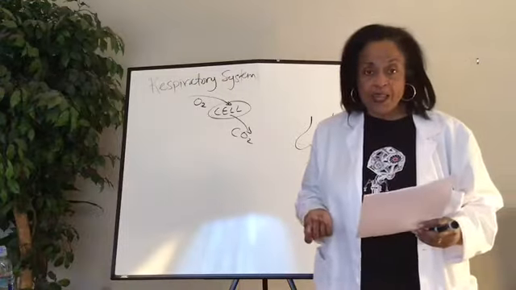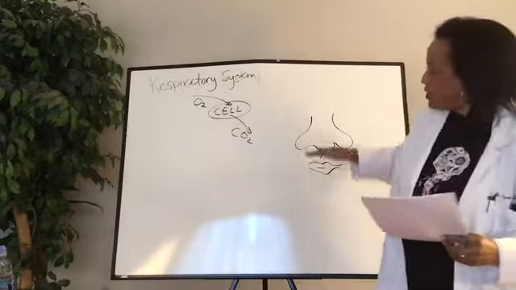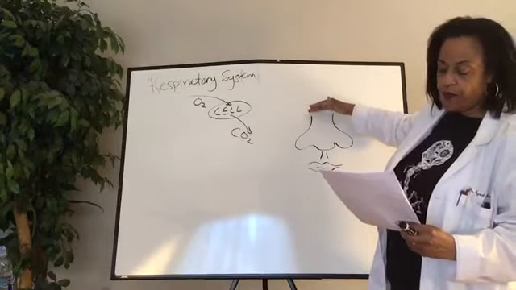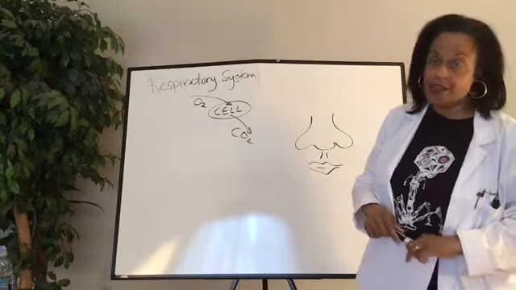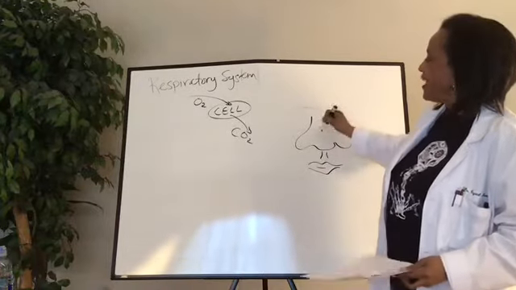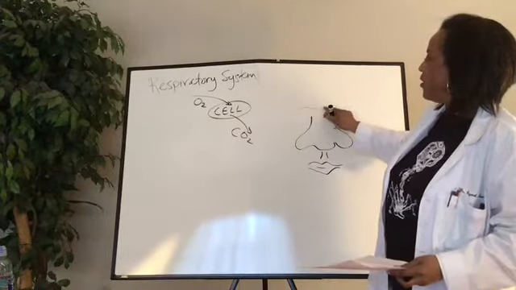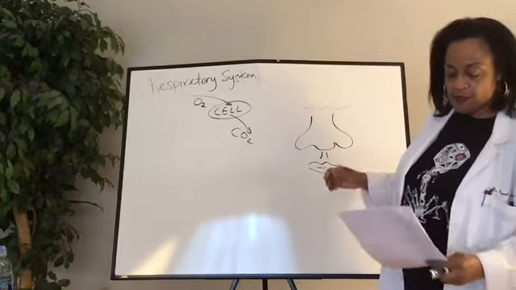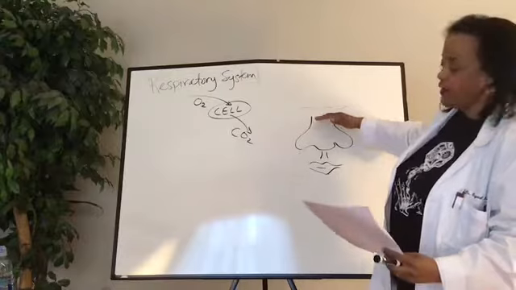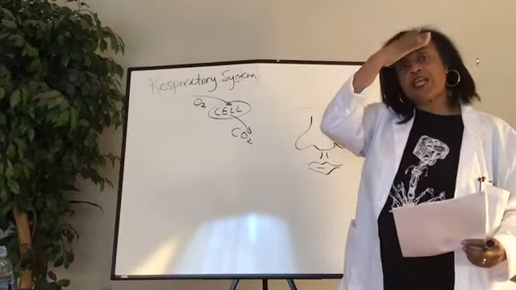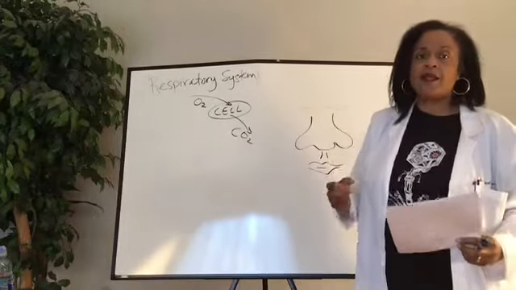Cribriform plate. We talked about the roof of the mouth. Let's talk about the roof of the nose from the cranial cavity, which would be here. Cribriform plate, I'm just going to put some little holes here so that you'll know that this cribriform plate separates the roof of the nose from the cranial cavity, in other words, the bones that house your brain.